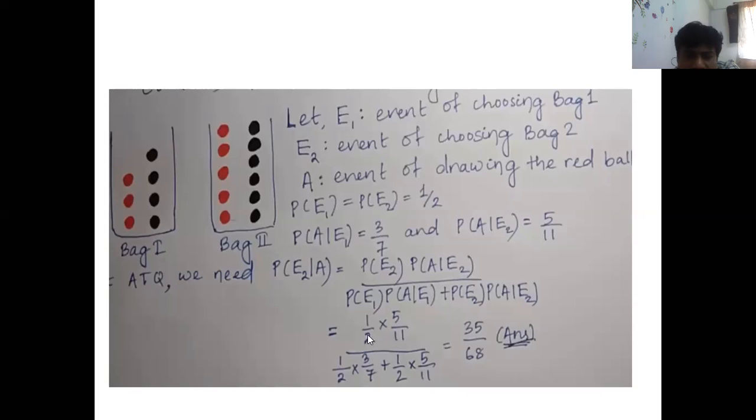And these are the computations. Probability of E2 is 1 by 2, probability of A by E2 is 5 by 11, divided by probability of E1, which is 1 by 2, probability of A by E1 is 3 by 7, plus probability of E2, which is 1 by 2, and A by E2 is 5 by 11, and the answer comes 35 divided by 68.